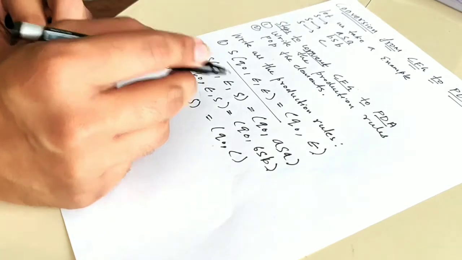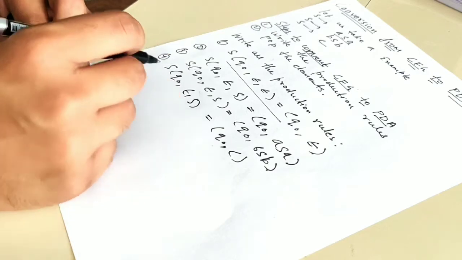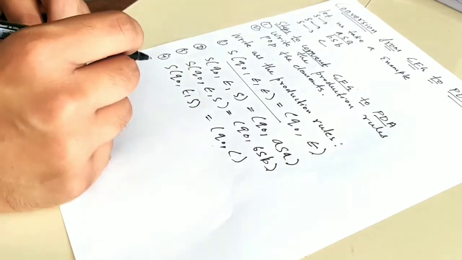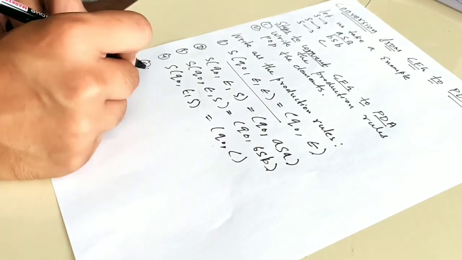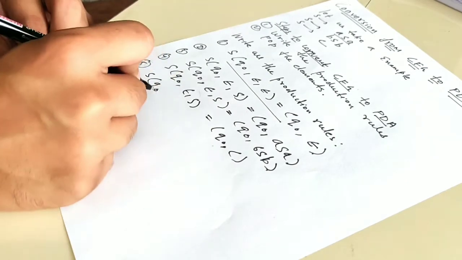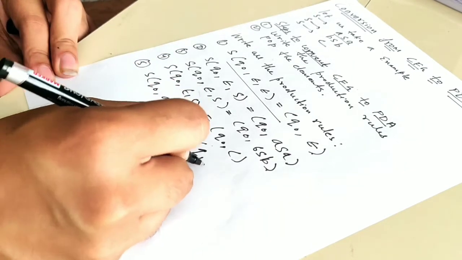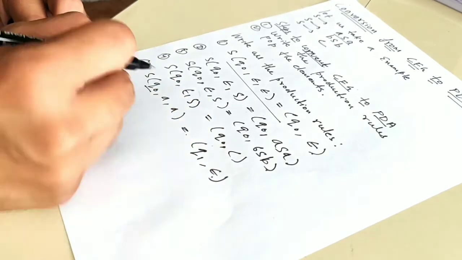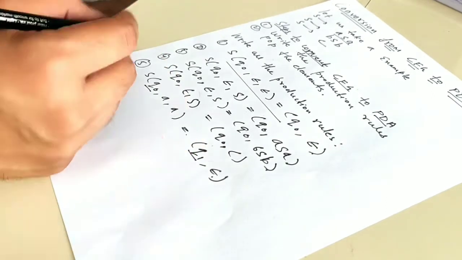Now we'll start the operation of pop. Here popping is taking place in production rules, and there we do not take input signals. Now we are taking the input signals to pop. So the fifth one is A comma A is equal to q1 comma epsilon. Now here the state is changing from q naught to q1 because we are doing the popping. It is changing the state.